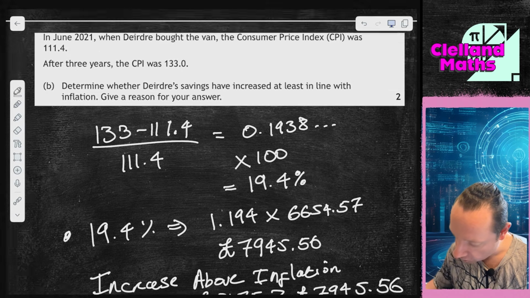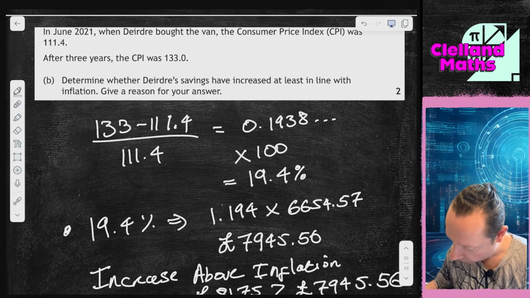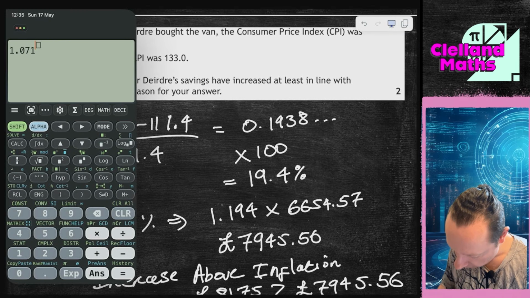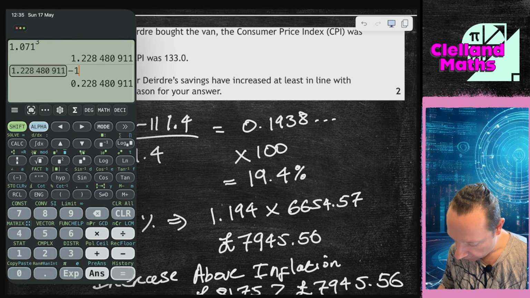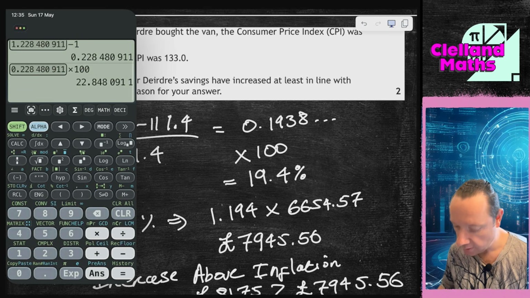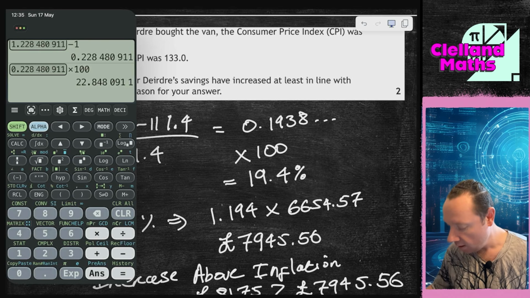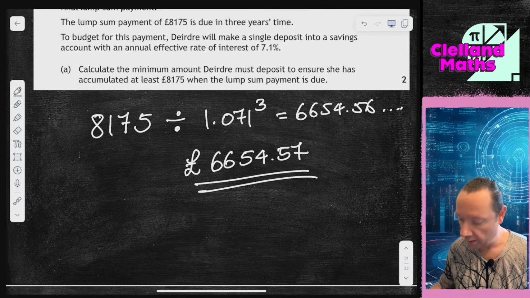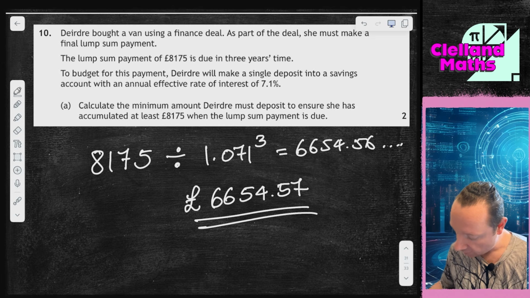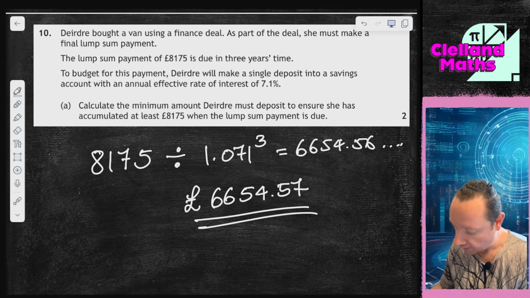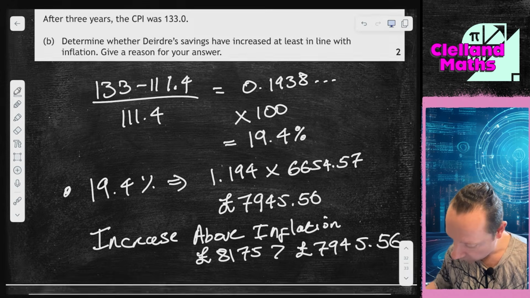The other way you could have done it is took the interest rate into account, which is 7.1%, and done 1.071 cubed, take away 1 and times 100, and you would realise that her savings have gone up by 22.8%. Or the other way you could have done it, one last way to cover all bases, is we could have worked out the percentage increase from 6654.57 to 8175. And that would give you the same idea. It's giving you the same percent. But either way, we're done there.